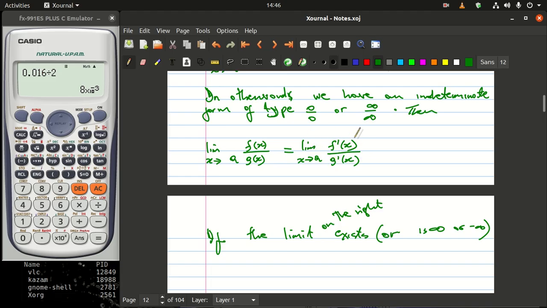I don't want you to think that it is the same as the quotient rule, because you remember the quotient rule was a rule that we used to take the derivative of the quotient of two functions.